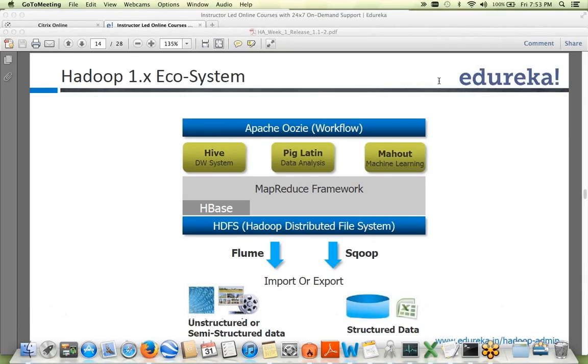Name node does not need a lot of cores because name node is one process that takes care of the metadata of the system. But data nodes are the nodes where we store the data and run the computation, so they need a lot of storage, a lot of memory, and a lot of cores. So that's the main difference between the hardware. Hope that answers your question.